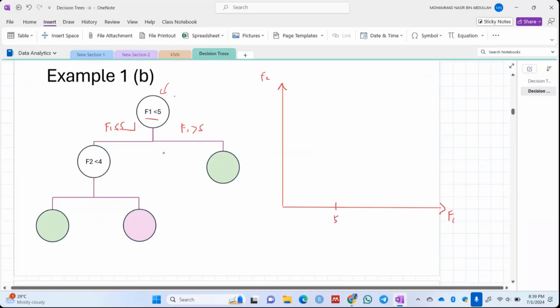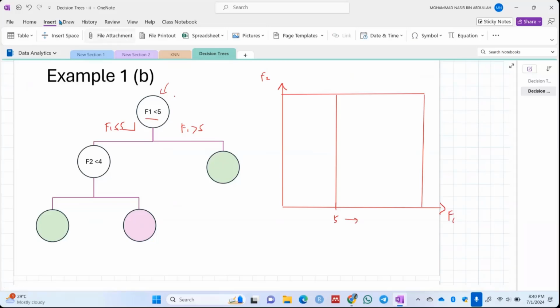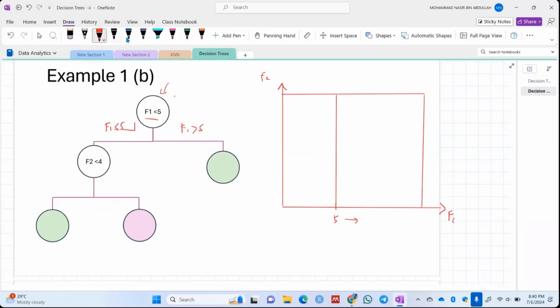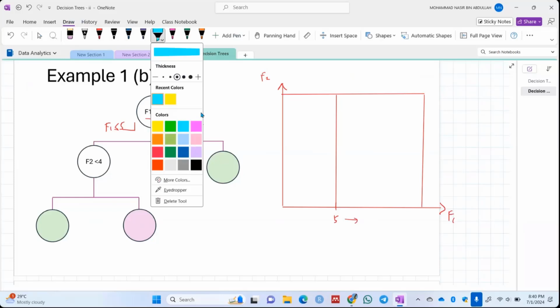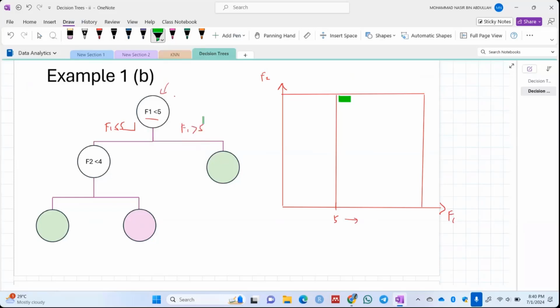Let's say I make it a rectangle. So this is a separating region. When f1 is more than 5, there is no further split. So this area on the right hand side is a green area.